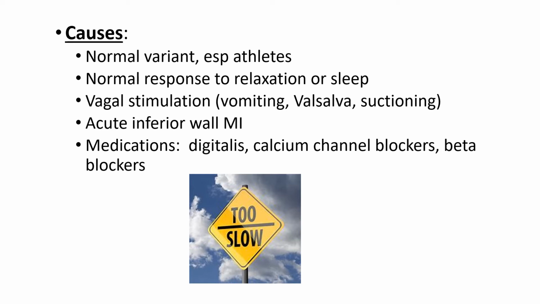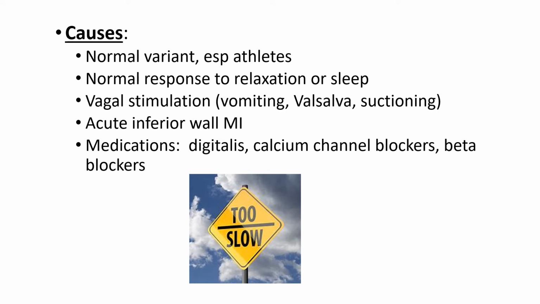It could be anything that increases parasympathetic tone or anything that decreases sympathetic tone, such as vagal stimulation, so vomiting, Valsalva, or suctioning. Also, an acute inferior wall MI can result in a bradycardia, because the inferior wall of the left ventricle is supplied by the right coronary artery. The right coronary artery also supplies the SA node and the AV node of the conduction system, so due to the myocardial infarction, the ability of the heart to go up can be decreased by affecting the SA node and AV node.